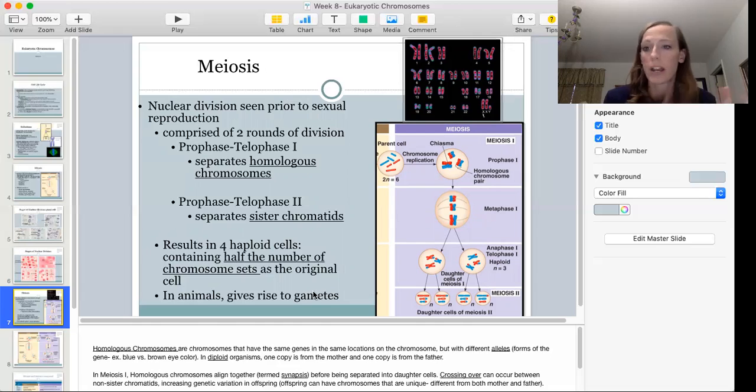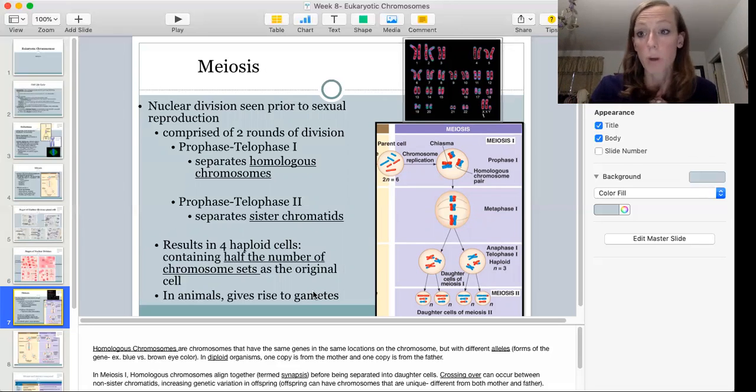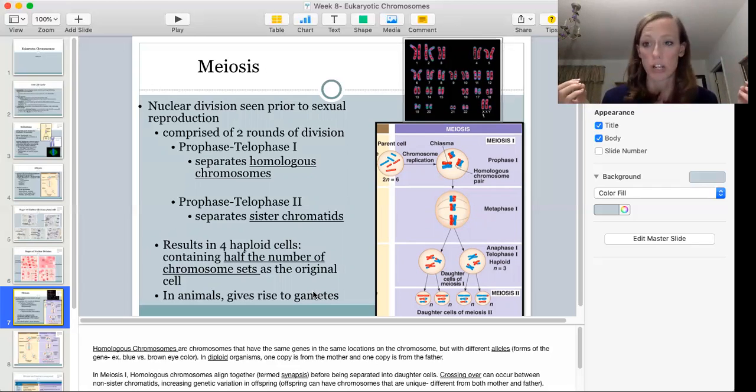And the big important point here is that whereas in mitosis, we had one round of chromosome duplication and one round of nuclear division, here in meiosis, we have one round of chromosome duplication, just like mitosis, but two rounds of nuclear division. So you're going to go through those phases: prophase, metaphase, anaphase, and telophase twice.